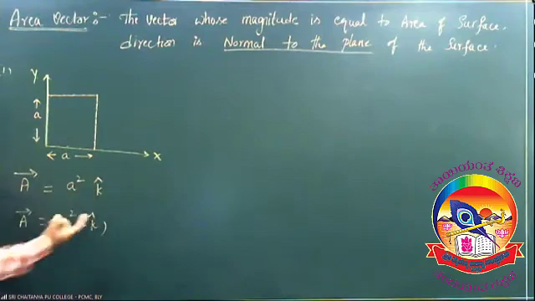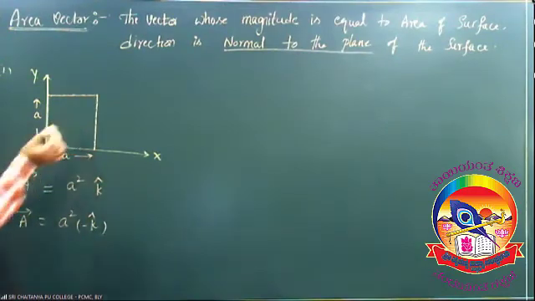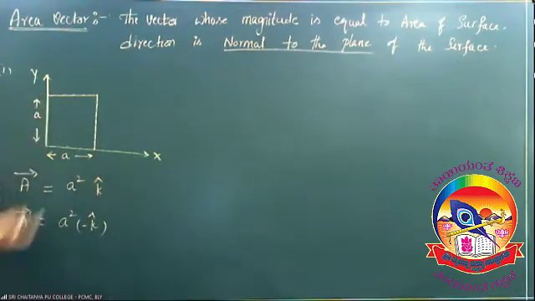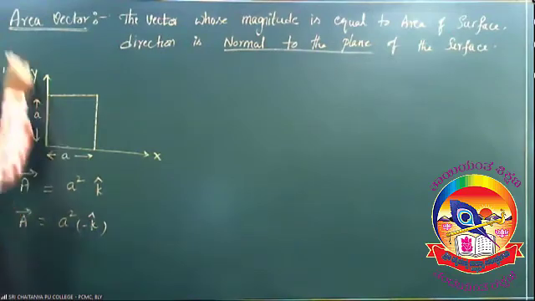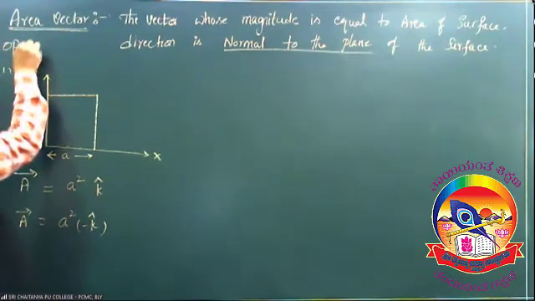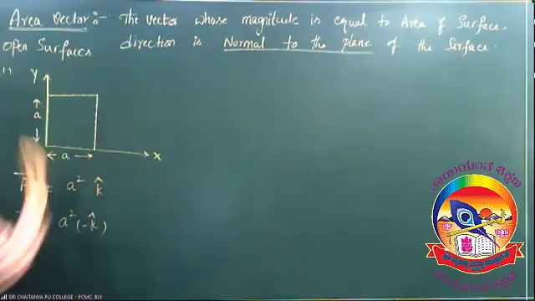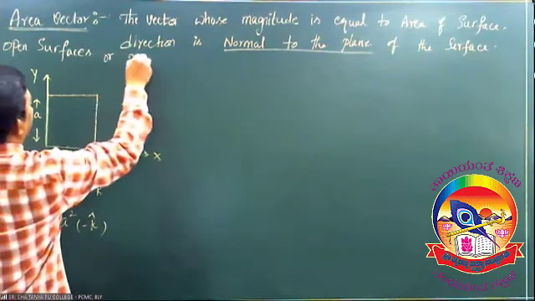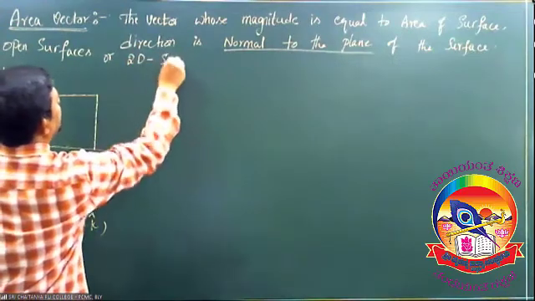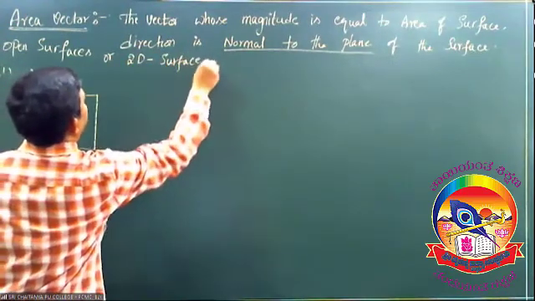See, this direction may be along outward normal or inward normal. Here I am talking about planes. Planes, generally we call them open surfaces or two-dimensional surfaces.